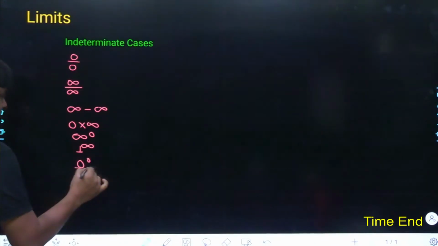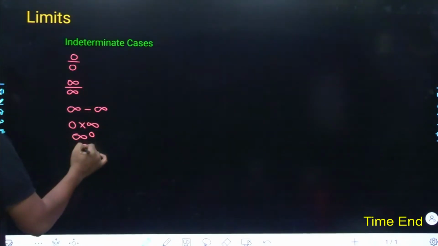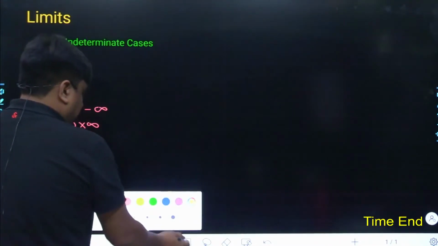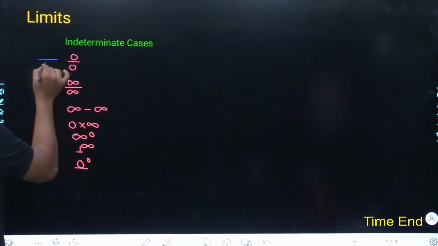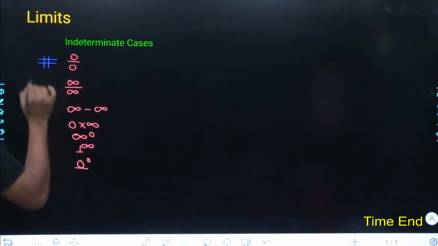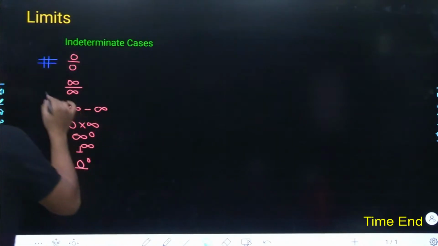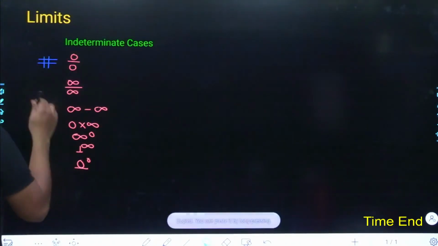These are the 7 different indeterminate cases, 1, 2, 3, 4, 5, 6, 7, and this must be clear to all of us. Nobody should write 0 by 0 as 1 or 0, infinity by infinity as 1 or infinity or 0. Nobody should write infinity minus infinity as 0 or infinity.